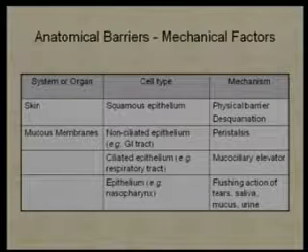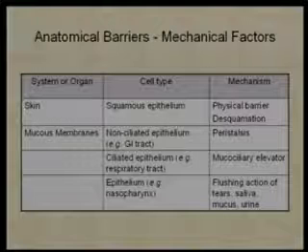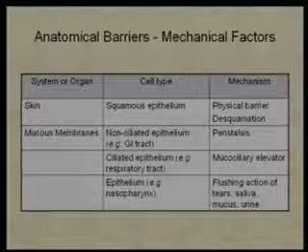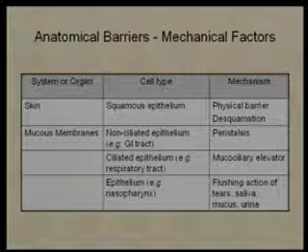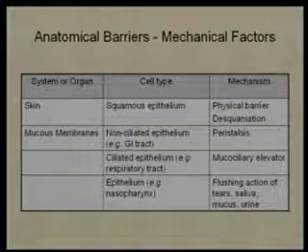In other places, though, in the mucous membranes, in the non-ciliated epithelium of the respiratory tract, and in the GI tract, the peristalsis of the GI tract keeps things moving through the tract and keeps the bacteria moving as well, so that they don't establish and colonize our tissues. In the respiratory tract, the mucociliary elevator acts as part of this nonspecific system.